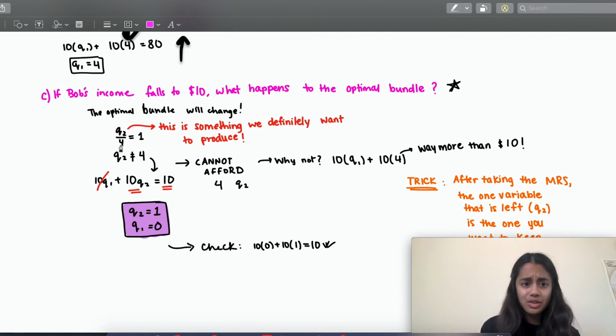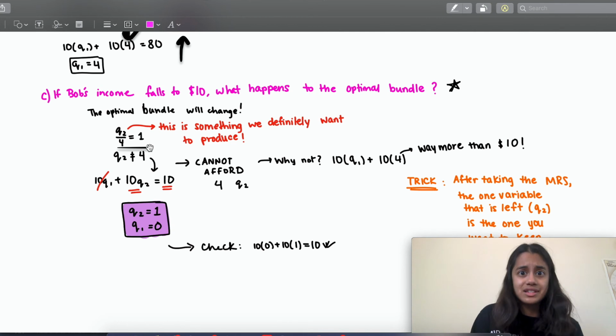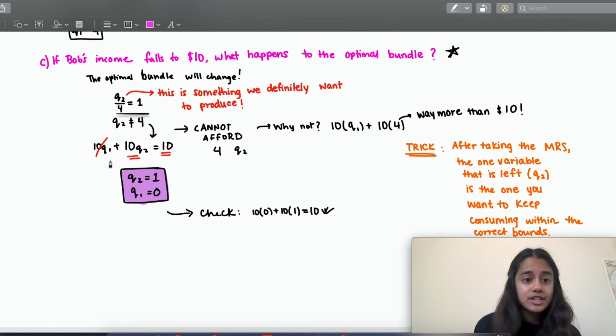Why am I ignoring Q1? Because it was not even a part of my MRS. It's not even something that I wanted to start off with. Q2 is something that I wanted to keep to start off with, right? So whatever stays here is the one that you want to keep consuming within the bounds. That's what that means. So here I'm just ignoring this Q1 quantity because I only have $10, right?